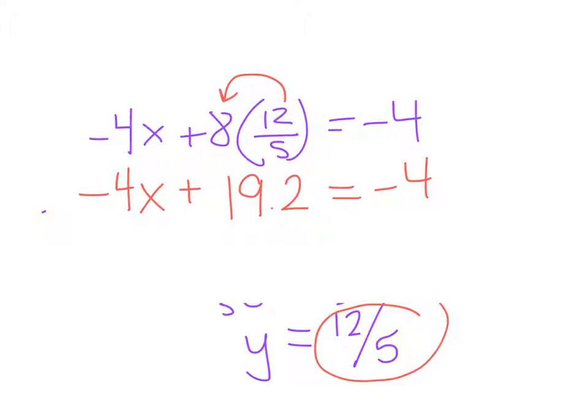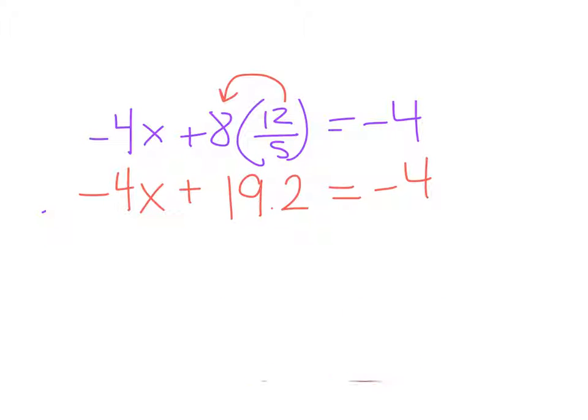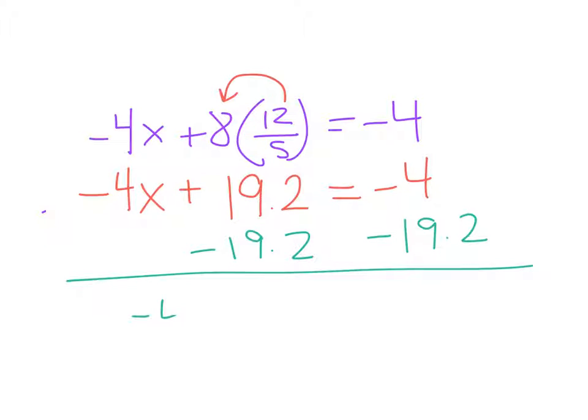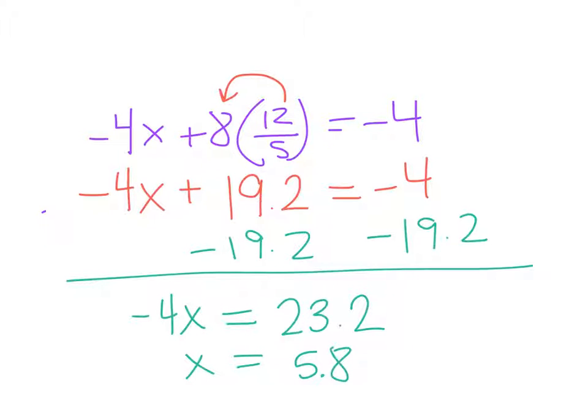Let me give myself a little more room again. Remove that. So they added 19.2, so I'm going to subtract. So minus 4x equals 23.2. x equals 23.2 divided by 4 is 5.8.